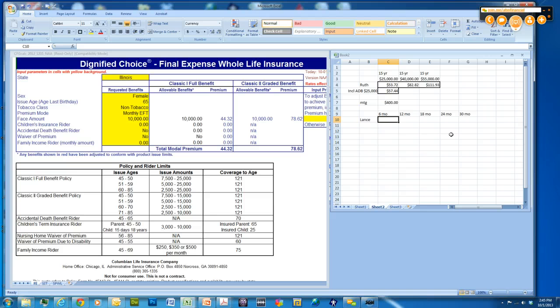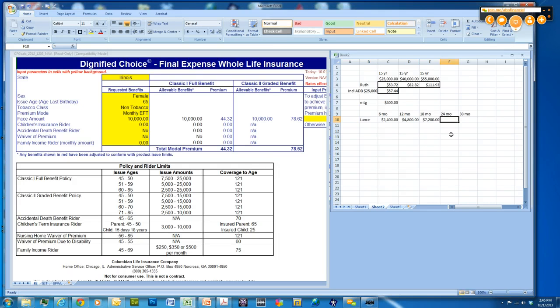So this would be a benefit of 6 times 400 is 2,400. 12 months is going to be 4,800. 18 months will be the two added together. That's 7,200, right?